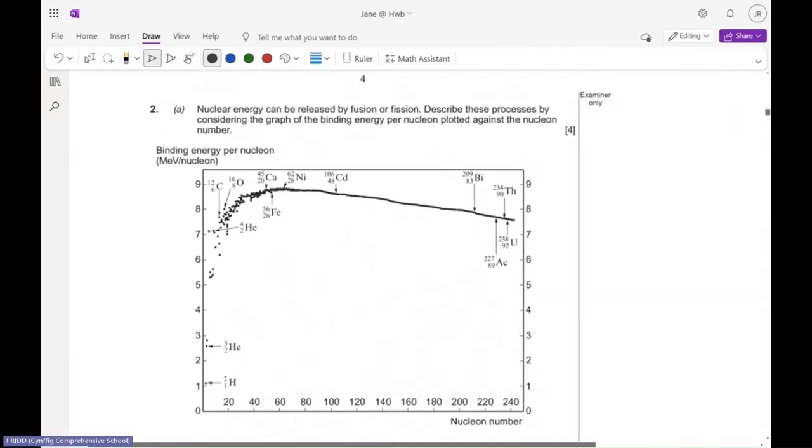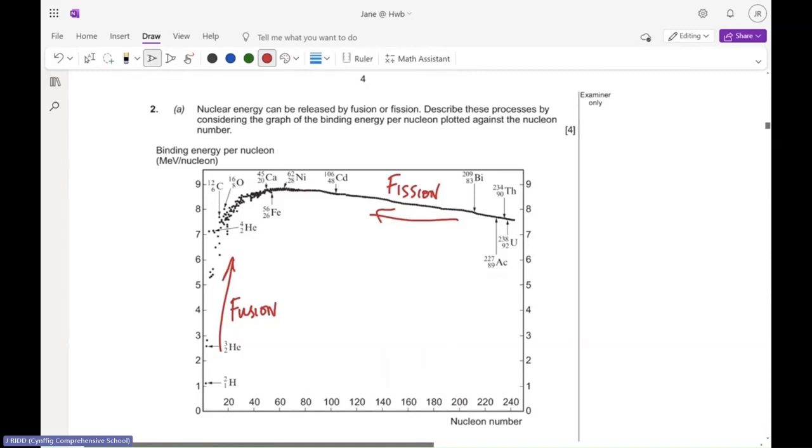Now, importantly, I think you should consider labeling this up. So when you get the binding energy curve like this, I'd be labeling this as fusion, and then I'd be labeling this as fission. And in fusion, we are increasing the nucleon number. This is where lighter nuclei combine together to form heavier nuclei. When that happens, the mass decreases.